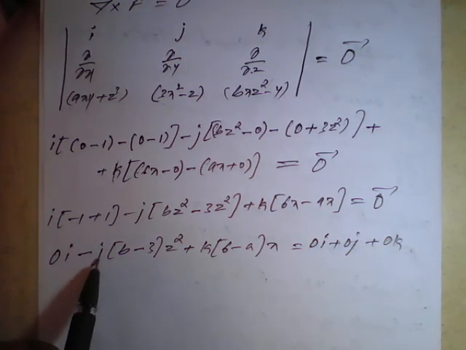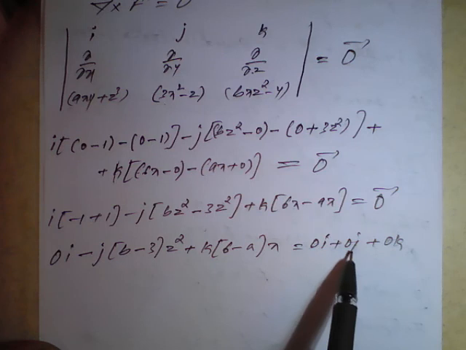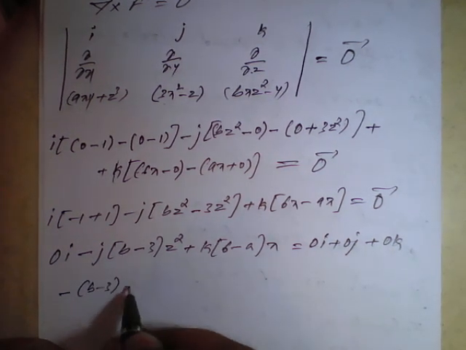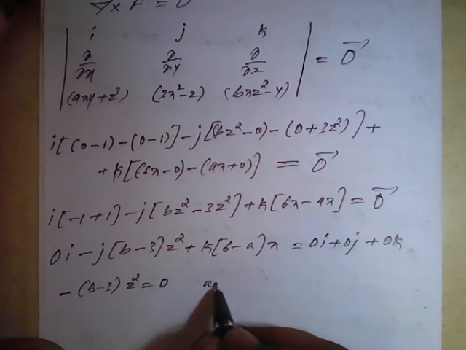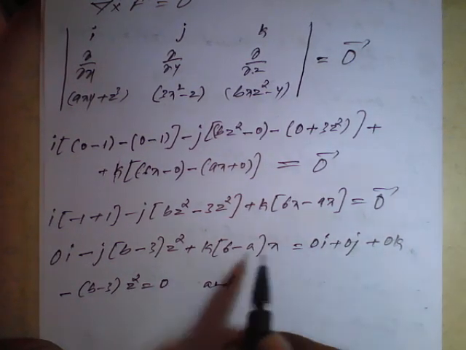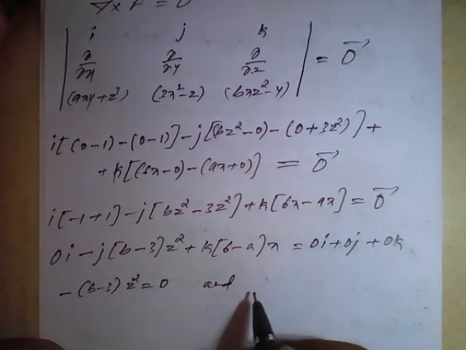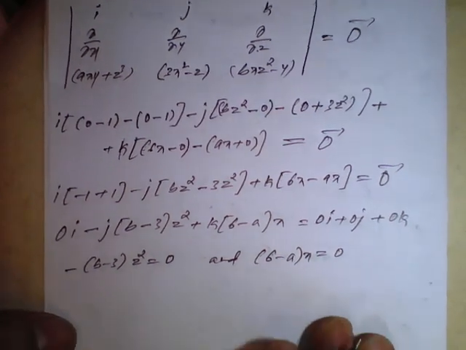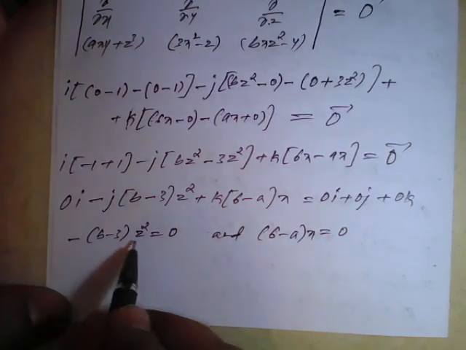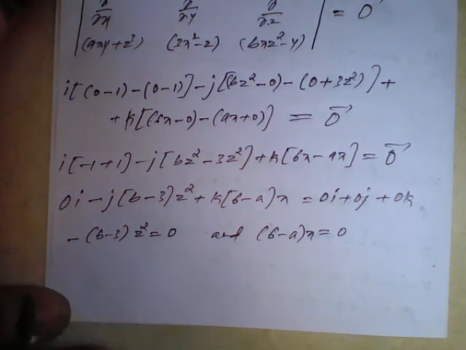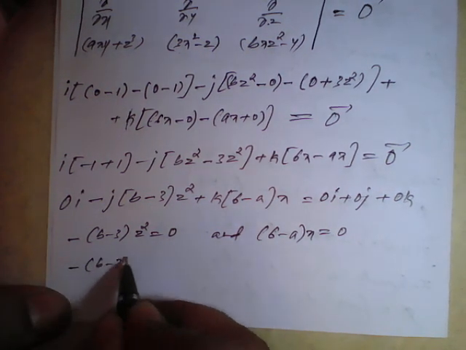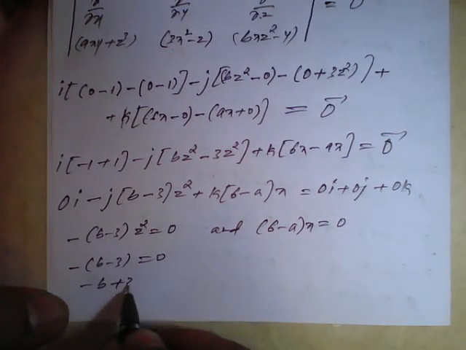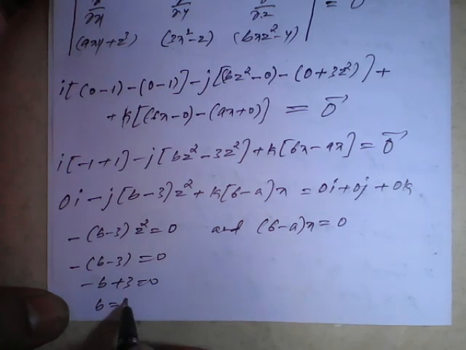The coefficient of j on the left hand side and right hand side gives minus (b minus 3) z square equal to 0, and the coefficient of k gives (6 minus a) x equal to 0. From this we'll get the values. Here z square equal to 0 we will reject, so it is minus b plus 3 equal to 0, which is nothing but b is equal to 3.